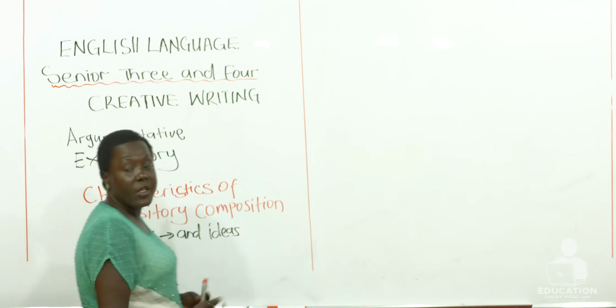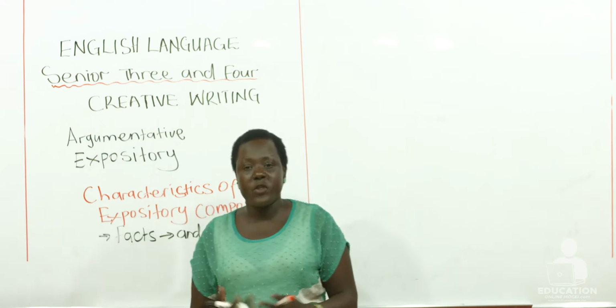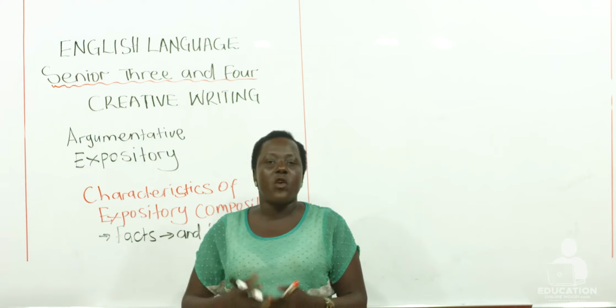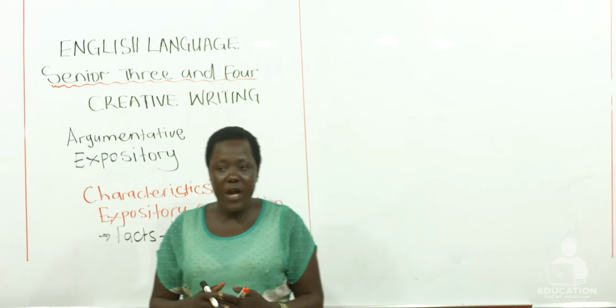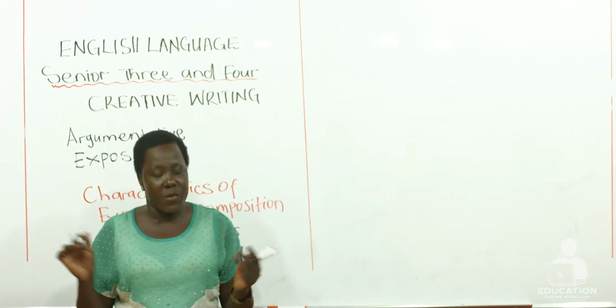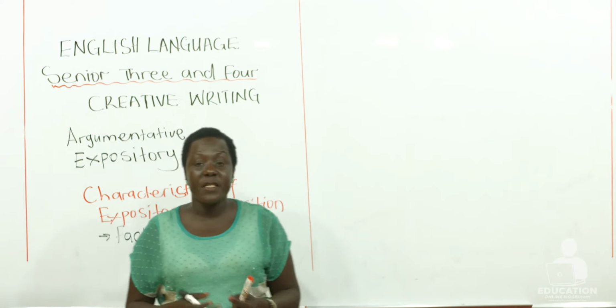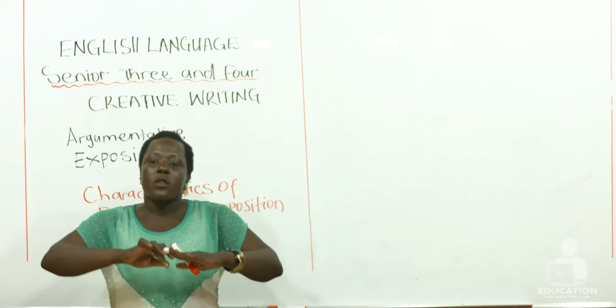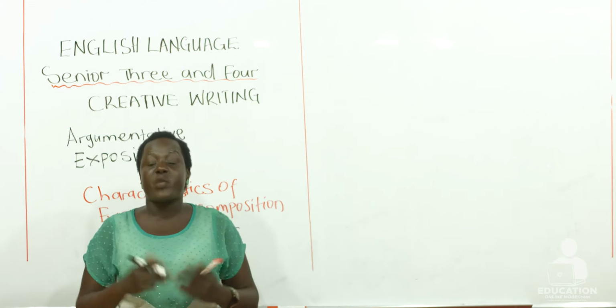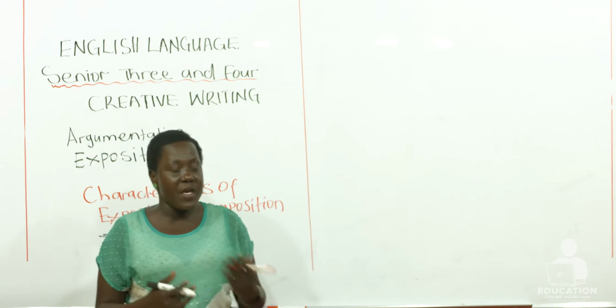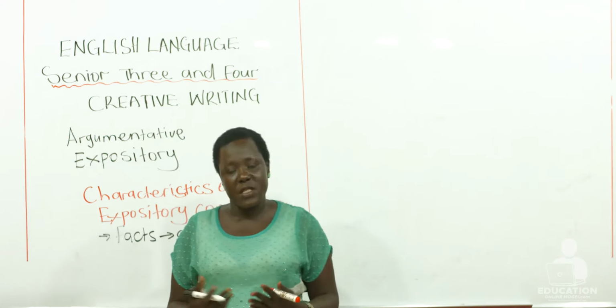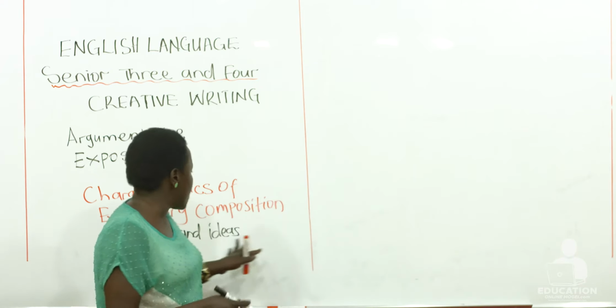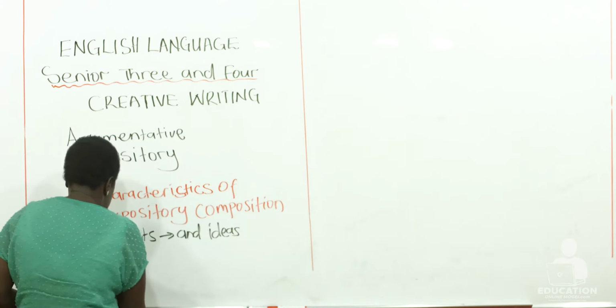For instance, if you're talking about malaria, if it is the causes of malaria, you have to write all the facts about the causes of malaria. If it is the preventive measures of coronavirus, still you have to discuss or explain by using MEI method that I taught you previously. So you need to use discursive mode.